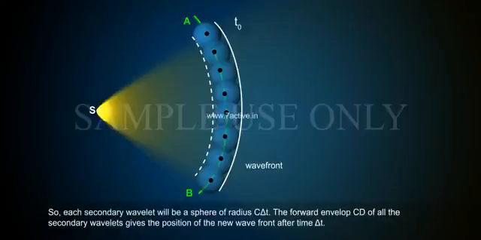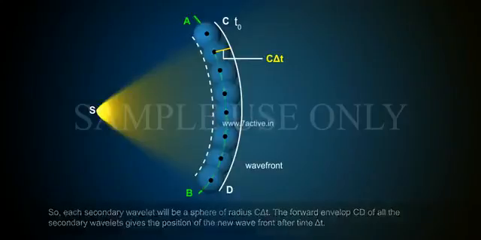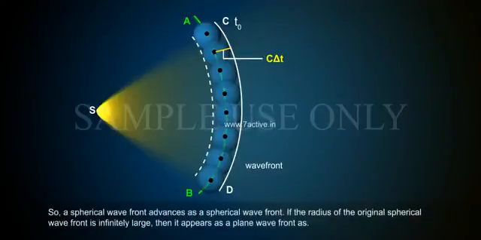So each secondary wavelet will be a sphere of radius c delta t. The forward envelope CD of all the secondary wavelets gives the position of the new wavefront after time delta t. So a spherical wavefront advances as a spherical wavefront.